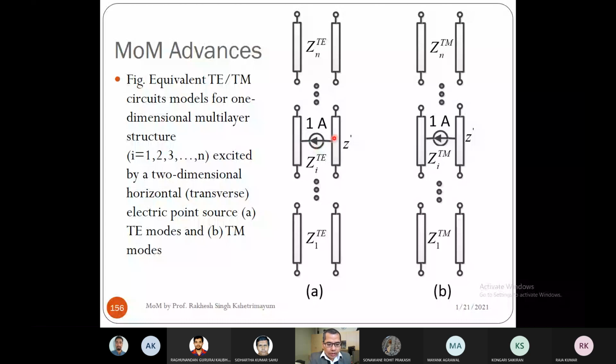Now that current density can be replaced by a 1 amp current density, which is shown here, because we want to find the impulse response of the system. We assume that there is a 1 amp current here, and we'll find the Green's function. Then if you want to find the electric field for any arbitrary current, you do the convolution with the Green's function, and then you'll get the electric field for any arbitrary current.